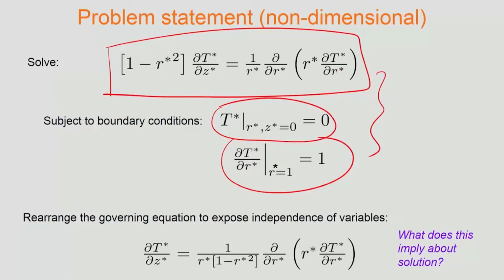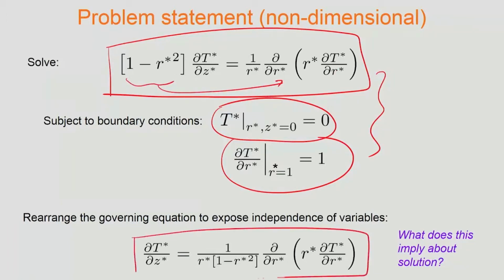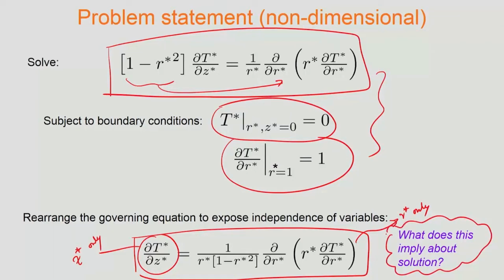Now look at the equation. When you take this to the other side, the equation looks rather simple. You see that on the left hand side you have only z star, and on the right hand side you have r star only. Which means that the temperature T star could be thought of as a sum of two functions, a function of r star and a function of z star.